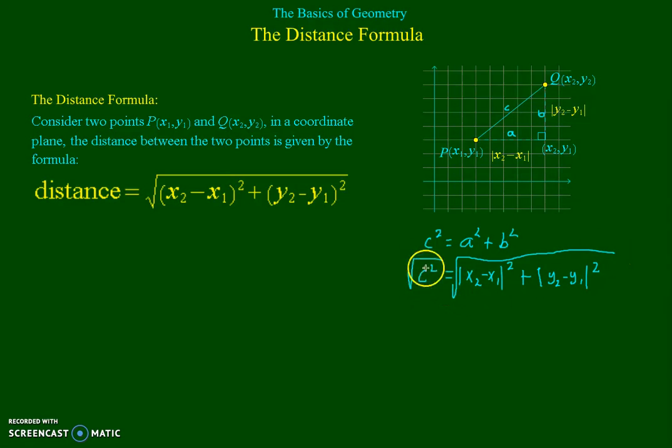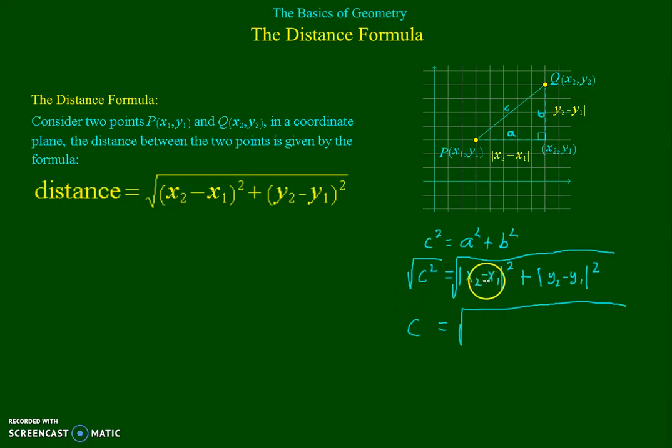So the square root of c squared is simply c, which equals the square root of, now if we look at this value, x2 minus x1, regardless of whether this number is positive or negative, since we're squaring the value, it really doesn't make any difference, because a negative times a negative is a positive, and a positive times a positive is also a positive.